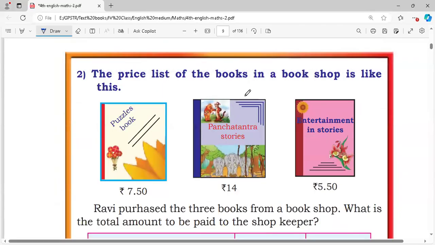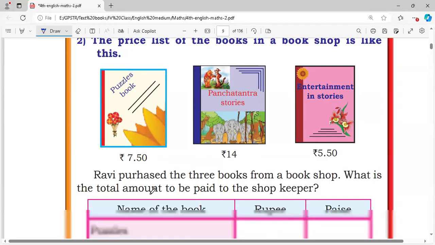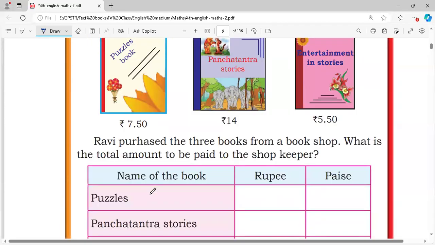The price list of the books in a bookshop is like this. Puzzle book, 7 rupees 50 paise. Panchatantra stories, 14 rupees. Entertainment stories, 5 rupees 50 paise. Ravi purchased the 3 books from a bookshop. What is the total amount to be paid to the shopkeeper?